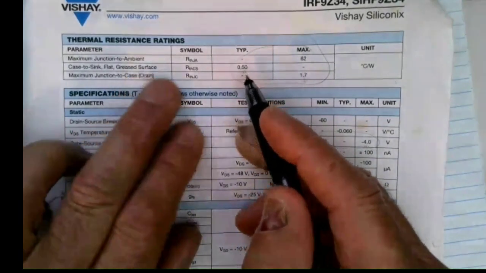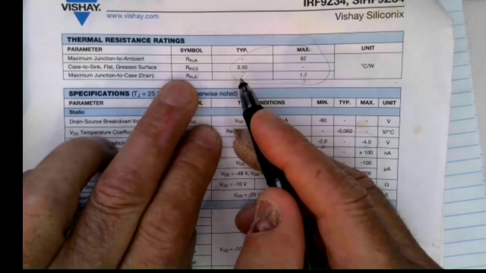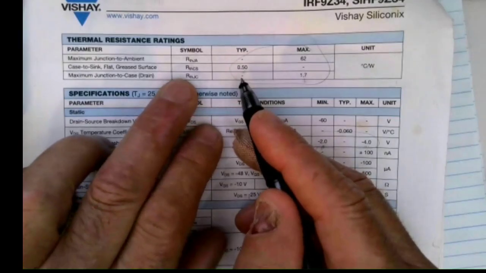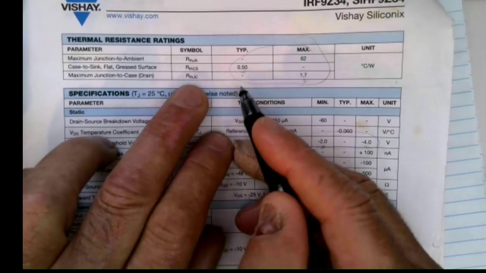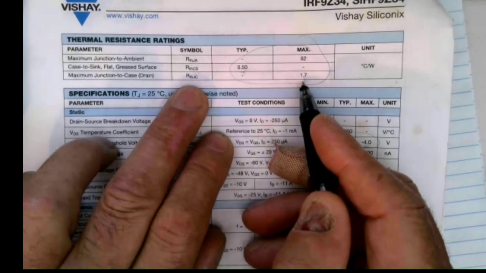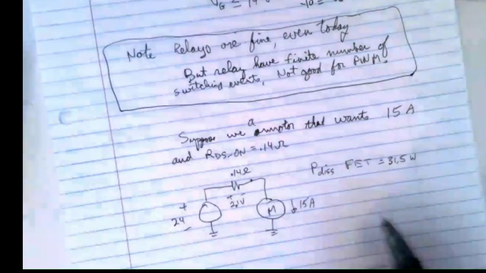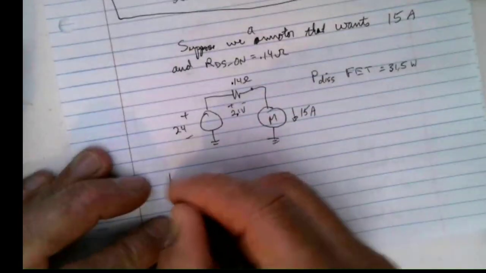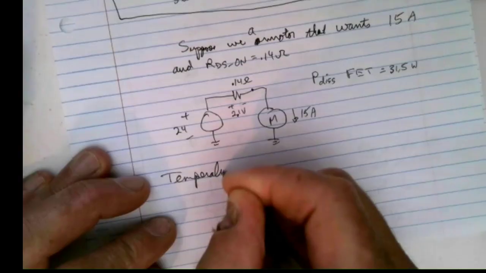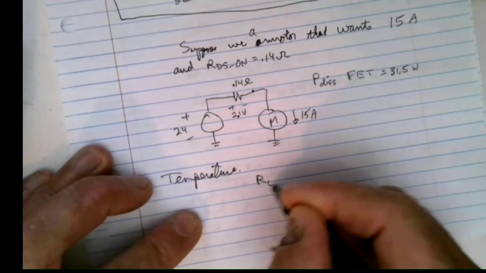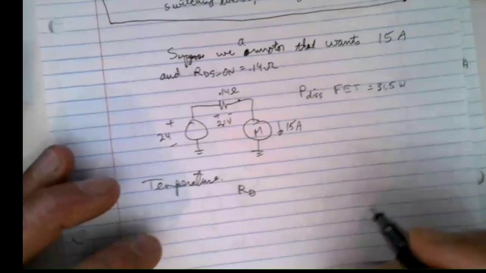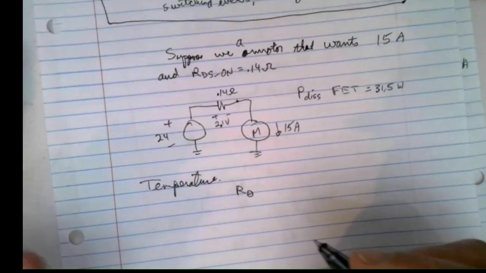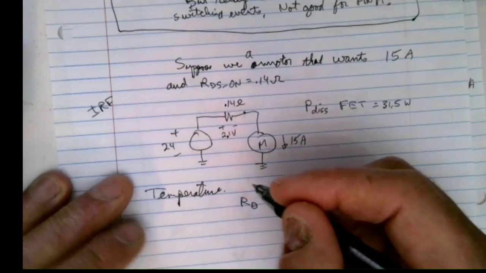We know our R theta case to sink and R theta junction to case are the following. Let me write these numbers down. This is for the part we're looking at now, the IRF 9Z34.